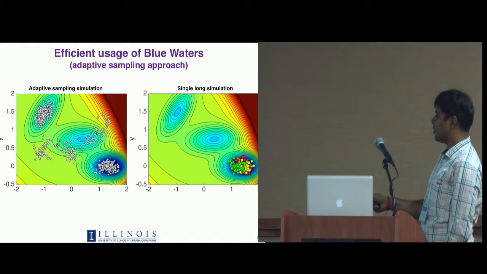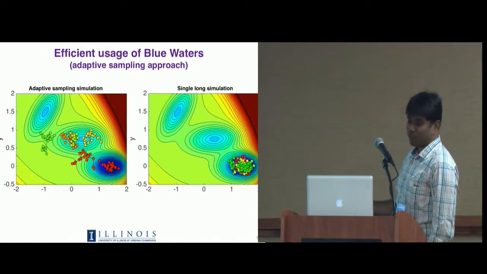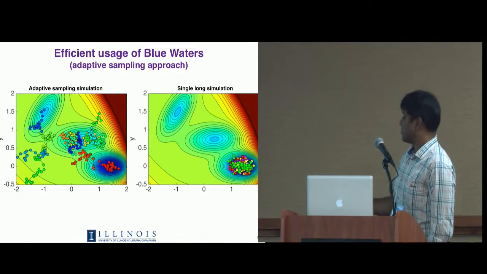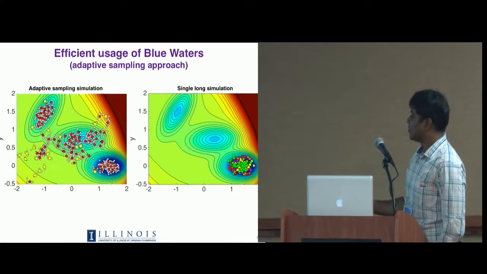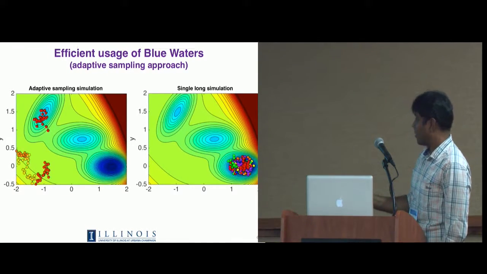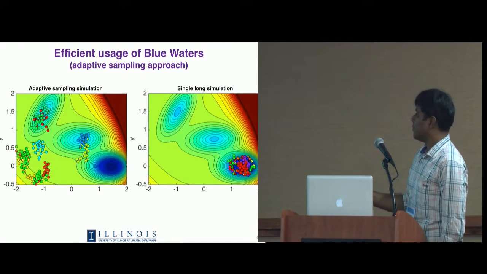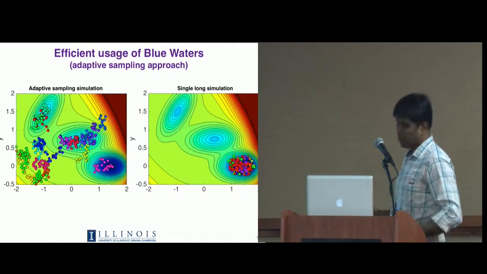We start with multiple structures and perform short simulations, cluster them based on some geometric data, and then select the less populated structures for the next round and perform simulations again. By performing this kind of adaptive sampling, we can sample the entire landscape of the protein in a short amount of time compared to running single long simulations.